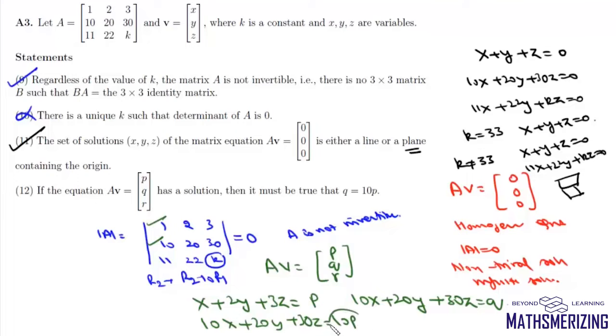Now the system of equations will be consistent if 10P is equal to Q. So in order to get a solution for this, Q must be equal to 10P. That means the statement 12 must be correct.